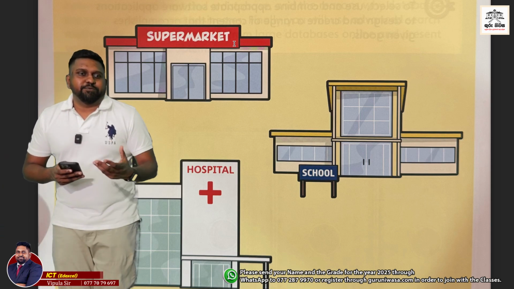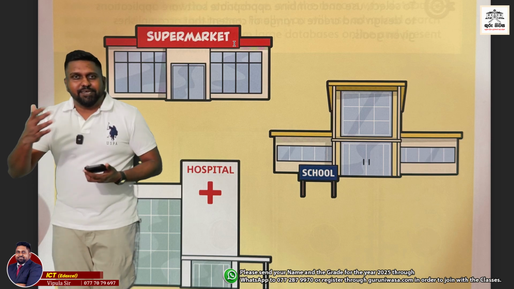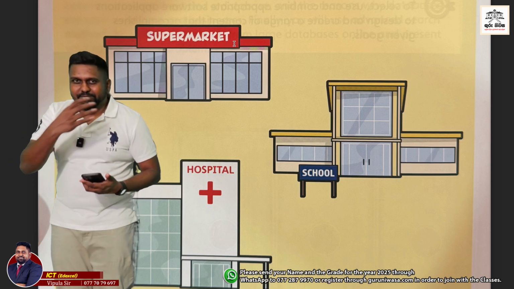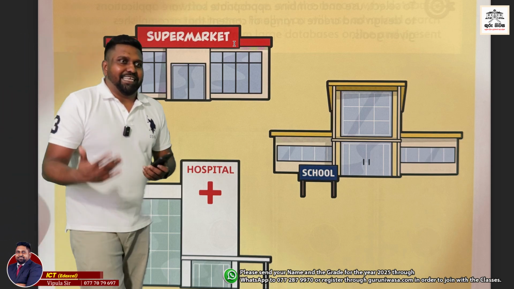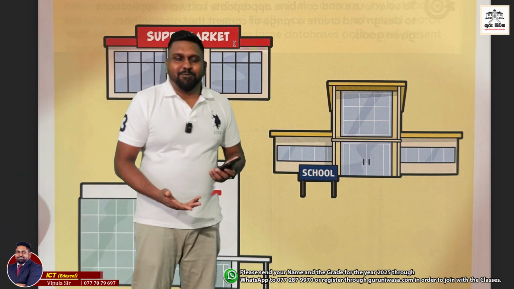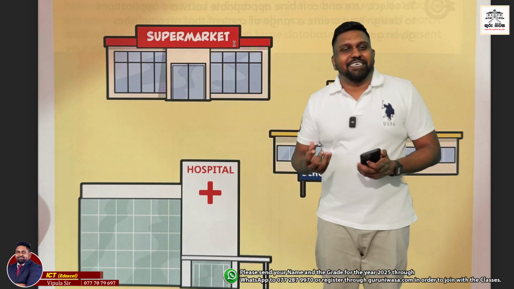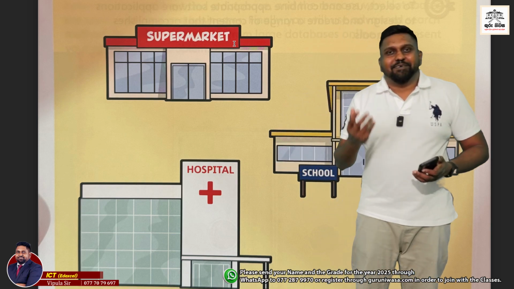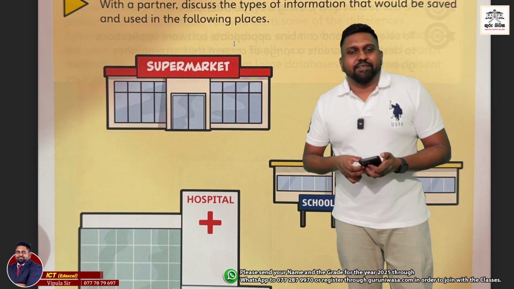Somebody is giving you the opportunity to go and write down all the information which a supermarket has or needs to store. ඒ කියන්නේ supermarket එකක මොනවද තියෙන information points, data points අපි save කරන්න ඕනේ, right? The specific data which is there in a supermarket.